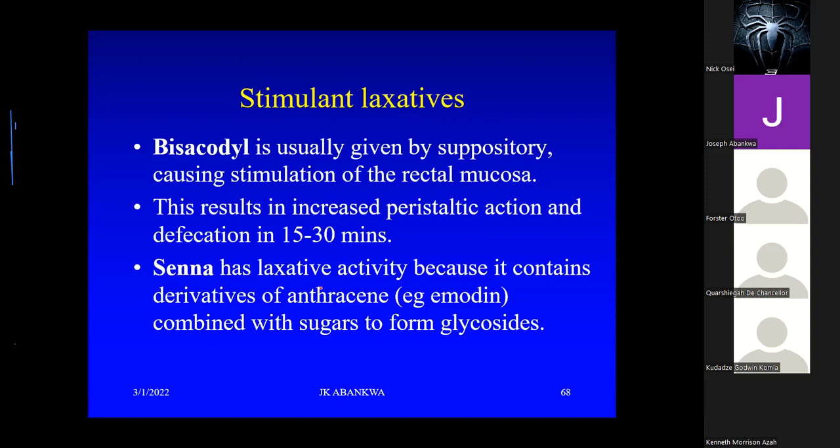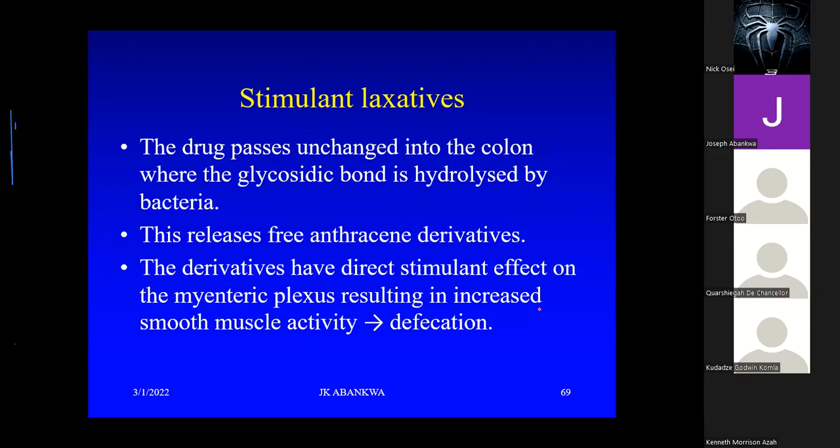Now, senna has laxative activity because it contains derivatives of anthracene, for example emodin, combined with sugars to form glycosides. The drug passes unchanged into the colon, where the glycosidic bond is hydrolyzed by bacteria.